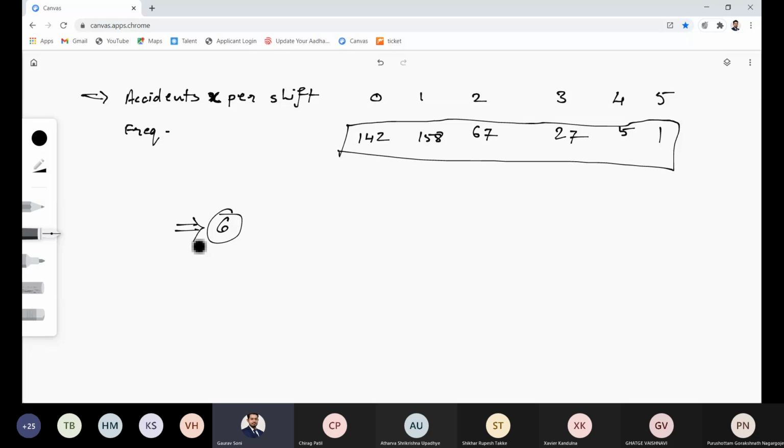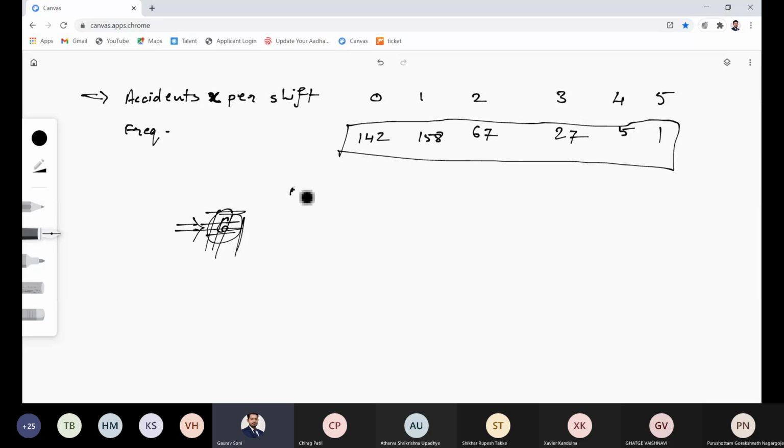I don't know the actual data, but I want to get some idea in how many shifts there may be 6 accidents. How can I do that? I will fit the Poisson distribution to this. How do I fit it? I will assume that this follows the Poisson distribution.